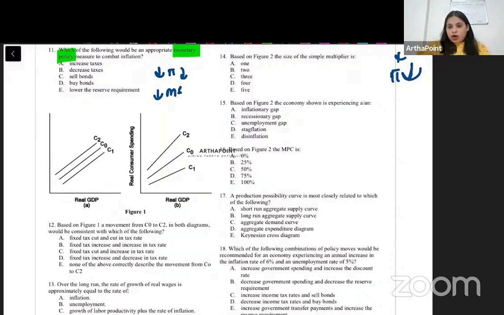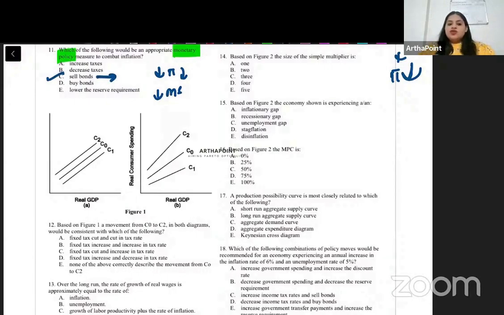When you sell bonds to people, in return you get money from people, so money in the economy reduces. Think for yourself: when you sell bonds, you receive money from people, and the money in the economy will go down. So the money supply in the economy will reduce. So the answer to this question should be C, sell bonds.